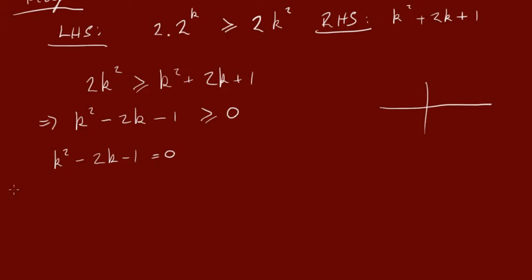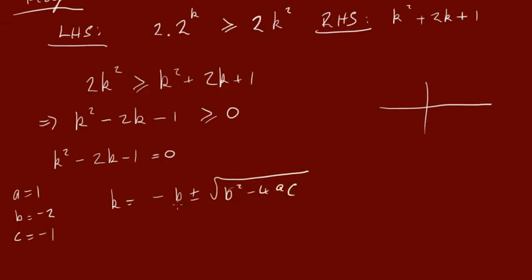Here a is equal to 1, b is equal to minus 2, and c is equal to minus 1. So k will be equal to minus b plus or minus the square root of b squared minus 4ac all over 2a.